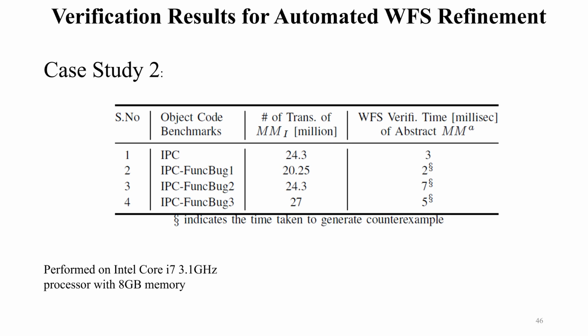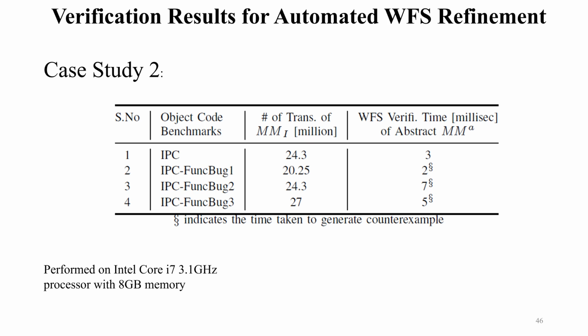The table here shows the verification statistics for the infusion pump control case study. The transition system of the pump's control code has about 24.3 million transitions. With the application of suitable abstraction techniques, the abstract transition system is obtained and WFS refinement verification was completed within a few milliseconds.